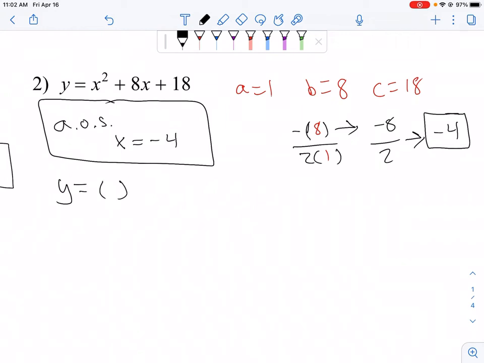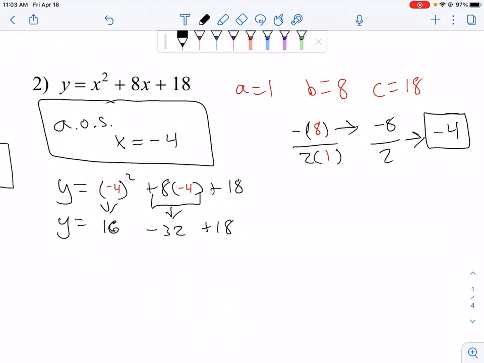I'm going to replace my x, so I put parentheses, and now I'm replacing it with a negative 4. And we're going to evaluate. We'll do negative 4 times negative 4, which is positive 16. I could combine these. 8 times negative 4 is negative 32, and then plus 18.